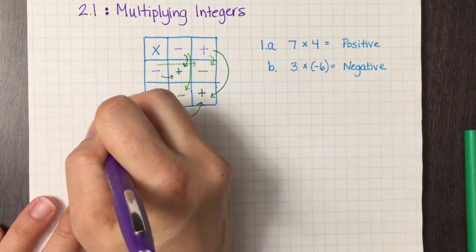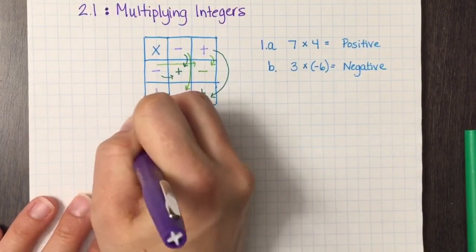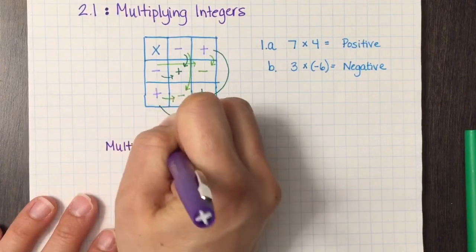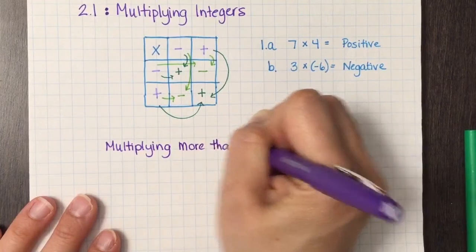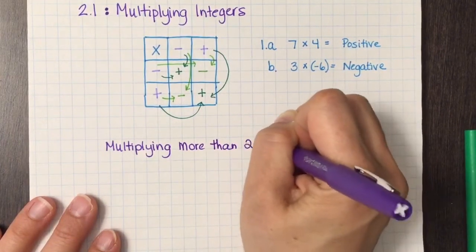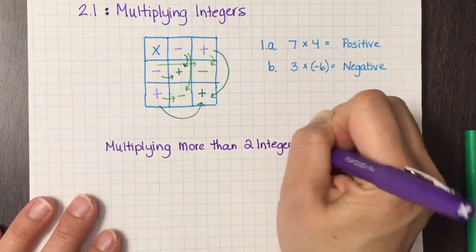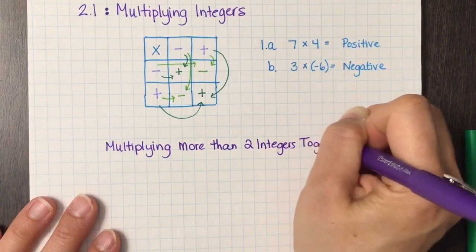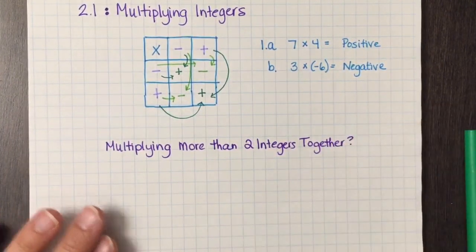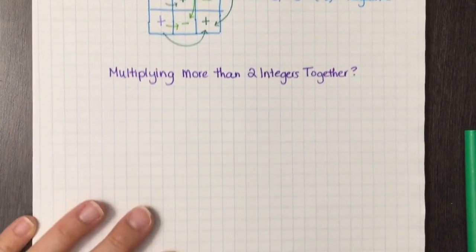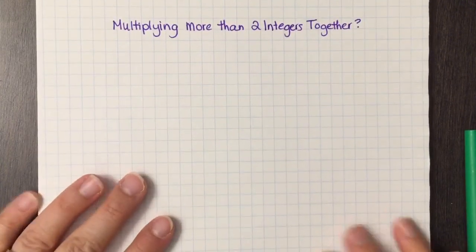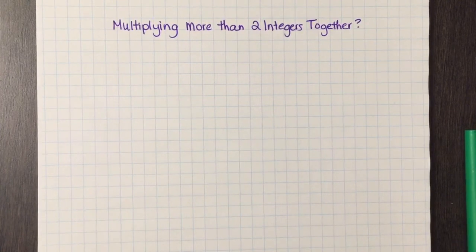So let's see, multiplying more than two integers together. So what do we do there? I'm going to scroll this up a little bit just so I don't run out of room at the bottom here.